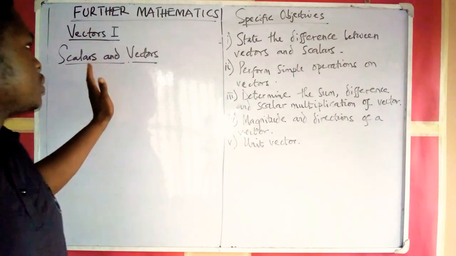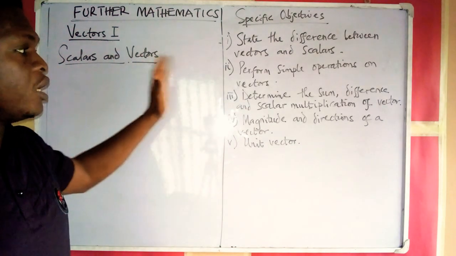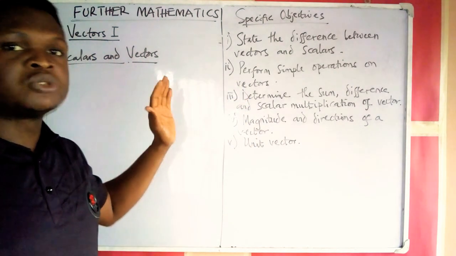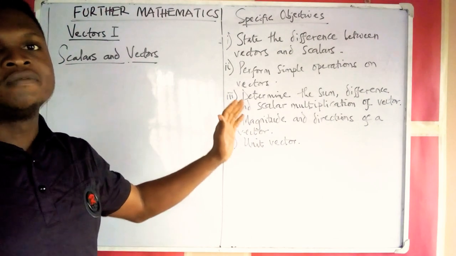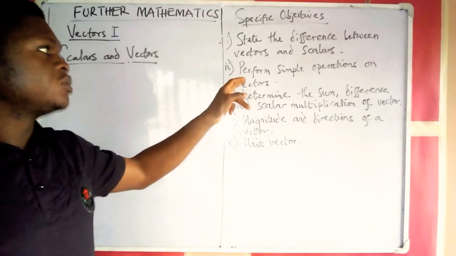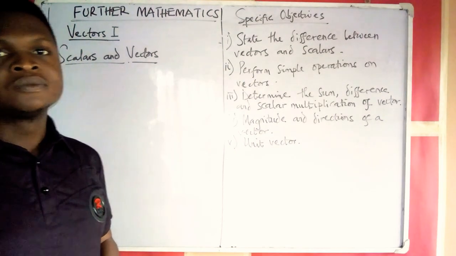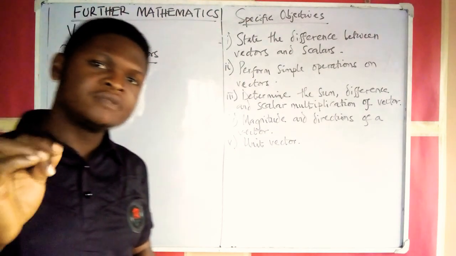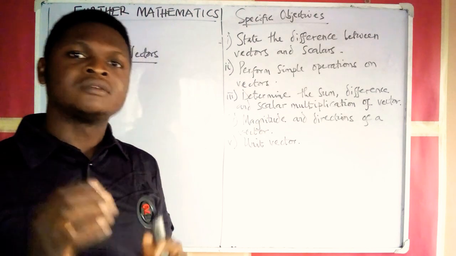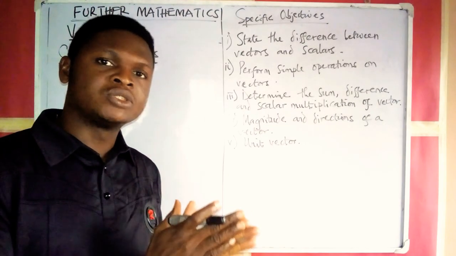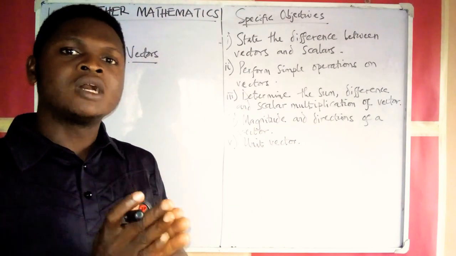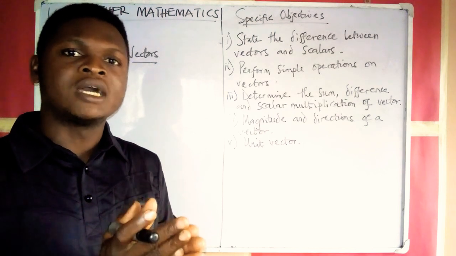In the period of this class, we're going to be treating everything that concerns vectors. But before we go into these simple operations, just like we defined vectors as those physical quantities that have both magnitude and direction, it will help us to know how vectors are represented.